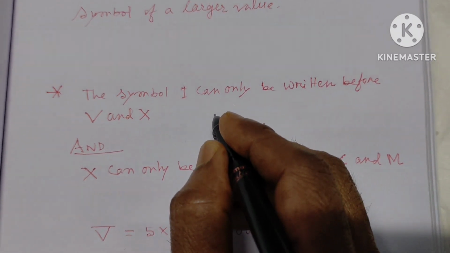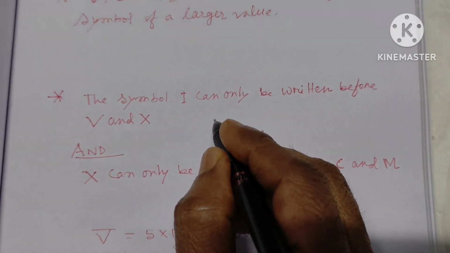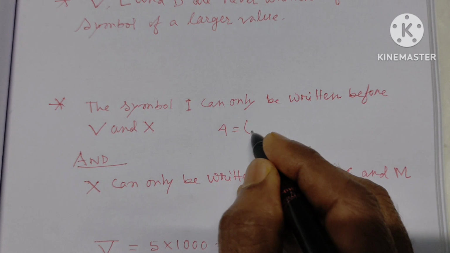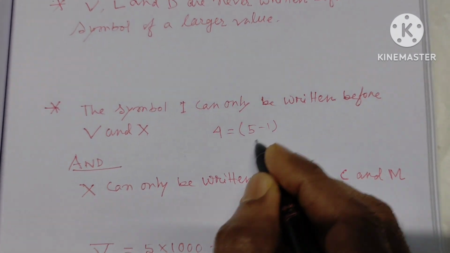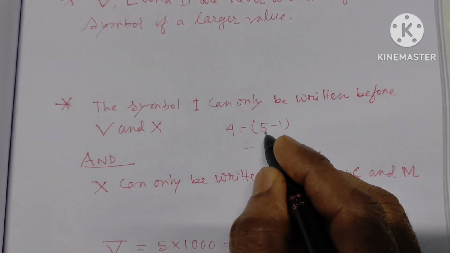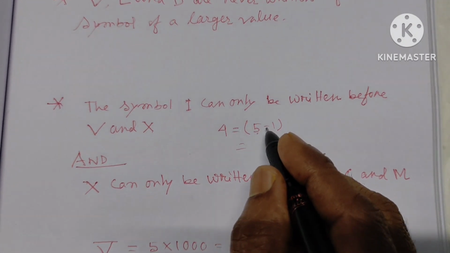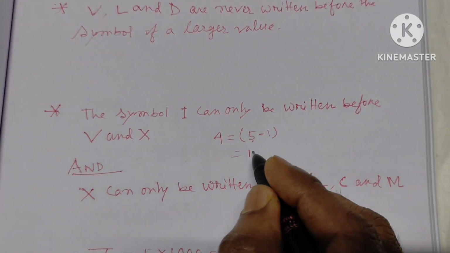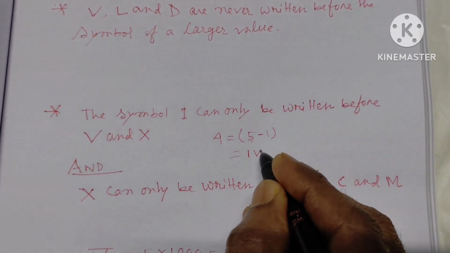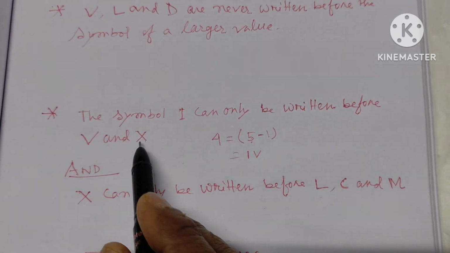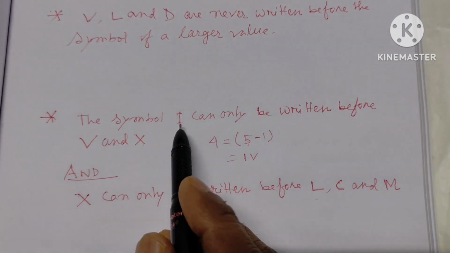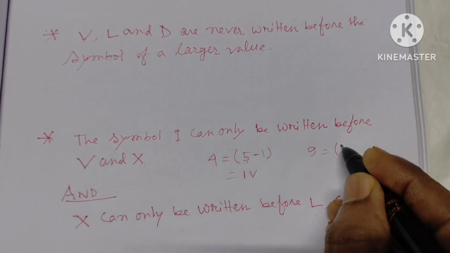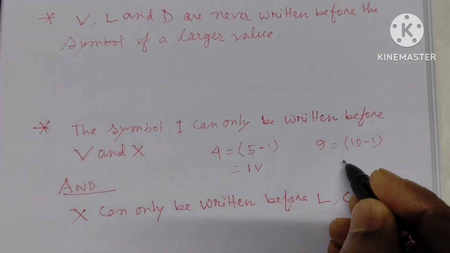Suppose 4 means we can write 5 minus 1. That means the smaller one, if it is subtracted, we have to write first, then the greater one, that is 5. In this way, this I we can write before X also. Suppose 9. 9 means 10 minus 1.